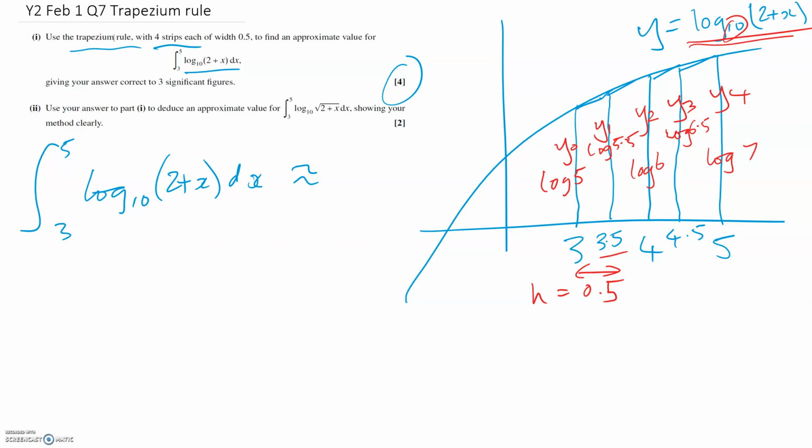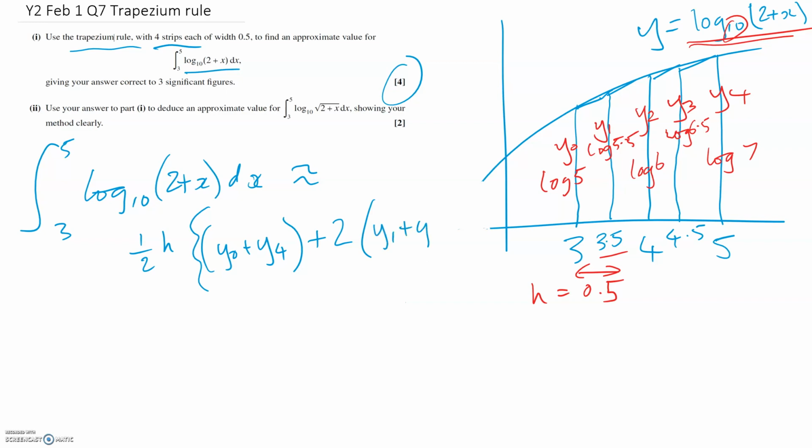So that will approximately equal what it says in the formula book, which is a half h times y0. Now we're only going up to y4 here, we don't need to go any higher than that, plus 2 times all of these, so that's y1 plus y2 plus y3.